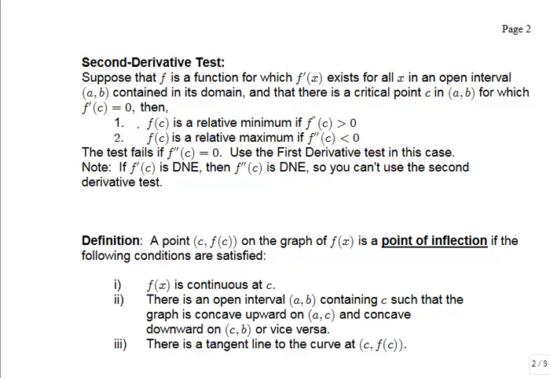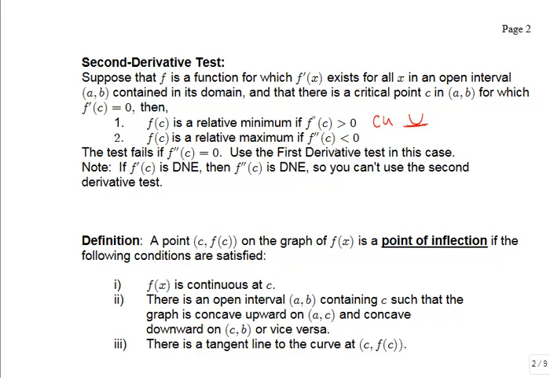If that happens, then f of c will be a relative minimum if the second derivative is positive. And the reason why is because if your second derivative is positive, that means you are concave up. You are that U shape, and that's why you're going to have a minimum at that particular critical point.